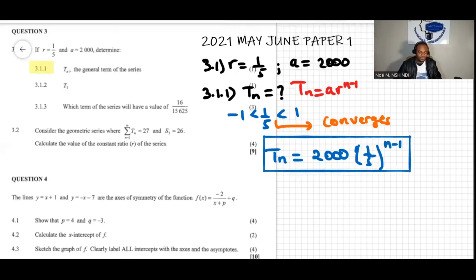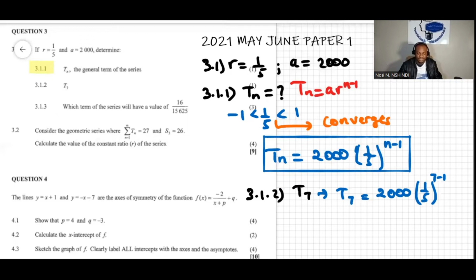Now question 3.1.2. It says T7. If we know Tn, we can find T7. So T7 will be equal to 2000 times 1/5 to the power of 7 minus 1.